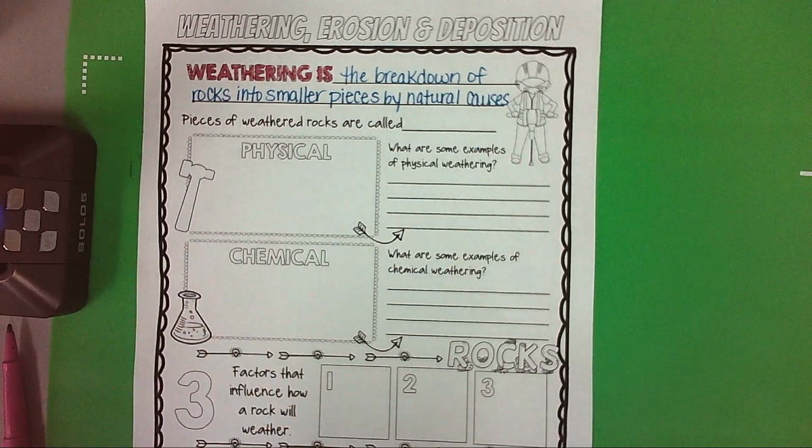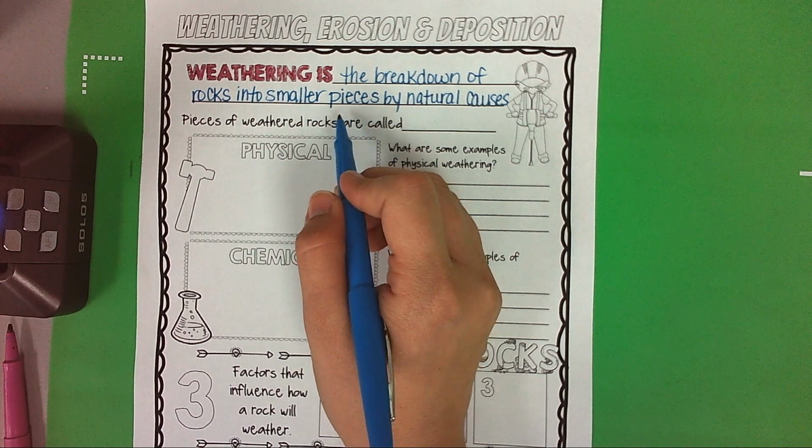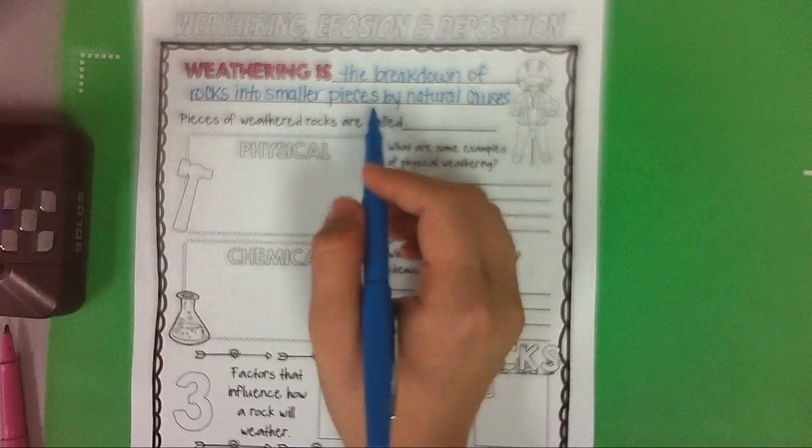Okay, so weathering is the breakdown of rocks into smaller pieces by natural causes. Remember, if you forget how to spell pieces, it's I before E except after C. So in this case, it's P-I-E-C-E-S.